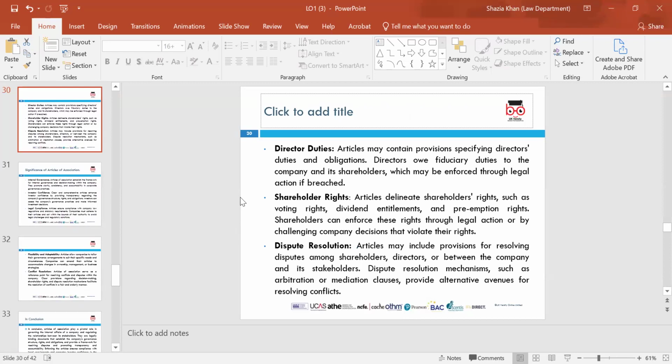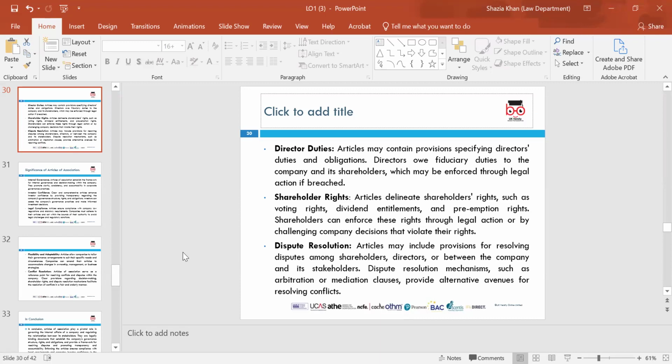Articles may contain provisions specifying directors' duties and obligations. Directors owe a fiduciary duty to the company and its shareholders, which may be enforced through legal action if it's breached. Shareholders' rights. Articles delineate shareholders' rights, such as voting rights, dividend entitlement, and preemption rights. Shareholders can enforce these rights through legal action or by challenging company decisions that violate their rights.